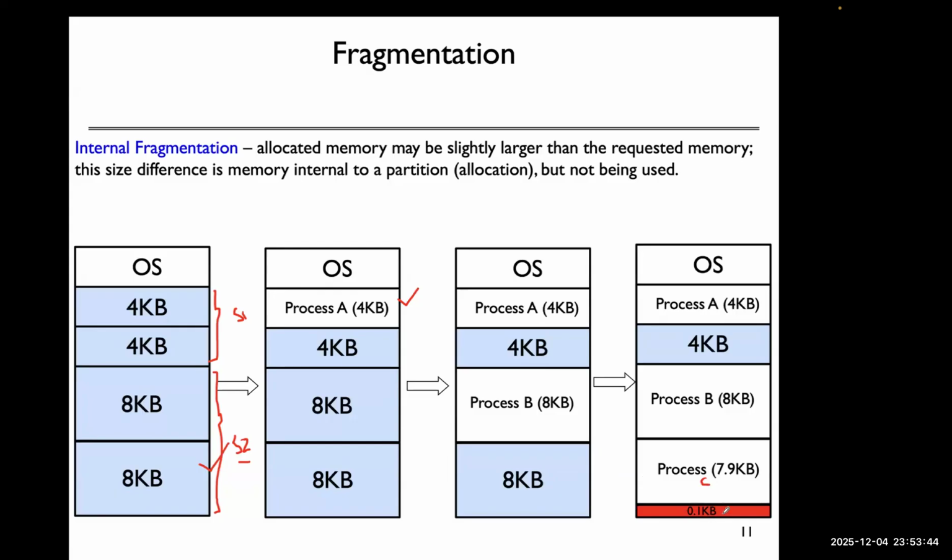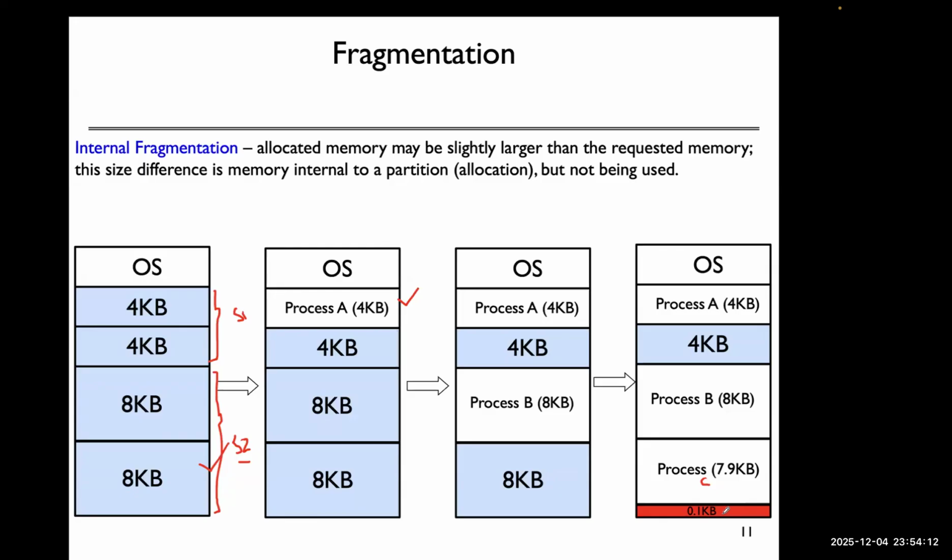The main difference from the previous strategy is that here we are allocating the memory in granularity of fixed size chunks. You can allocate the memory either in size of 4 kilobyte or 8 kilobyte, right? There is no option of, for example, serving a request of 12 kilobyte.